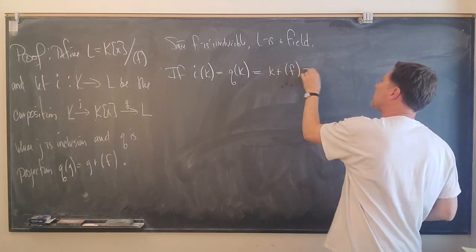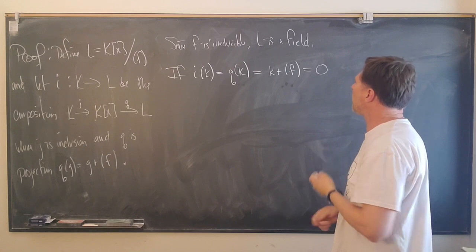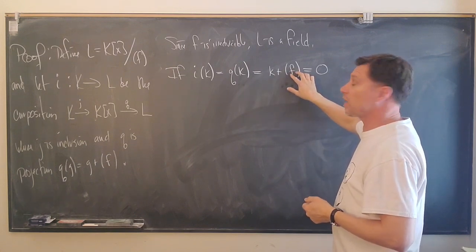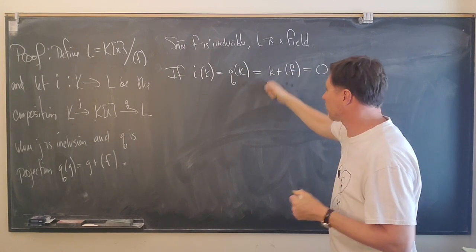And if this is equal to 0, if it's in the kernel, then because we know that the degree of f is 1 or greater, this can only happen when k is 0.